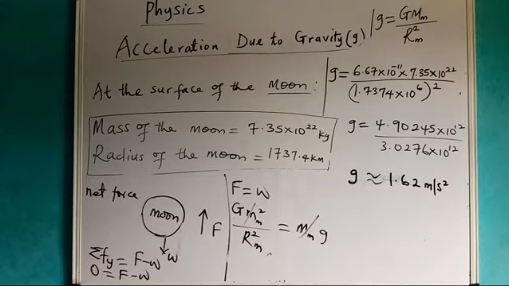This is how we obtain the value. For the Earth it is 9.8 meters per second squared, or approximately 10 meters per second squared. While the one for the moon is 1.62 meters per second squared.